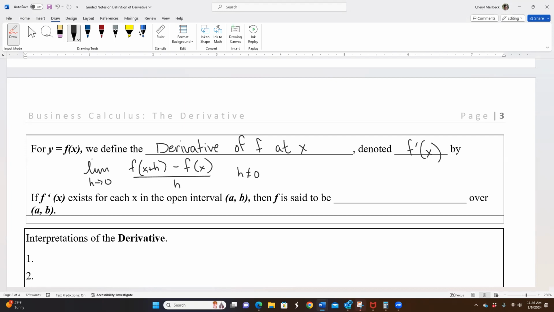Now, notice here we use x because in this case we're talking about really the function as a derivative, not just numbers, some number a. So this would be the general case, talking about any value of x.